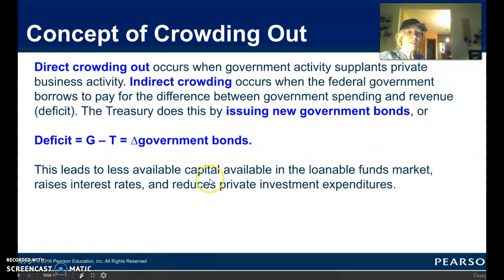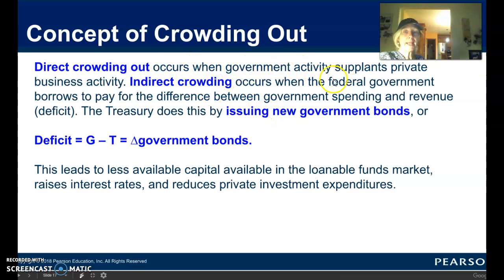Okay, and then one of the last concepts is this idea of crowding out. So crowding out is when government activity supplants private business activity. So you have to realize the guy that wrote your book is very conservative, and so he is very pro free business, free enterprise, capitalism.